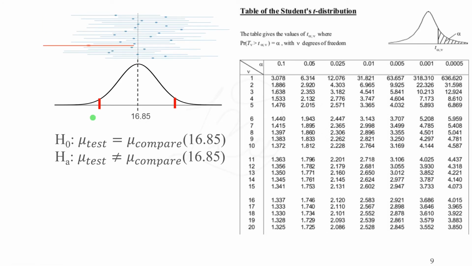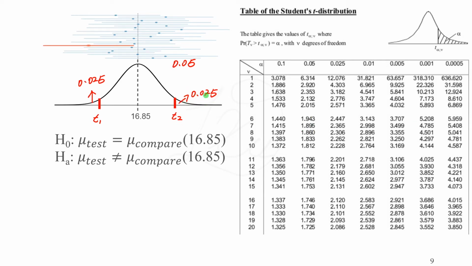The third step is to find the critical values. In this step, we will find the values corresponding to the significance level we have chosen. So the significance level is 0.05. That means we want this area to be 0.025 and this area to be 0.025 as well. We need to find the t-values over here and over here. By using the table on the right, we can find t first.